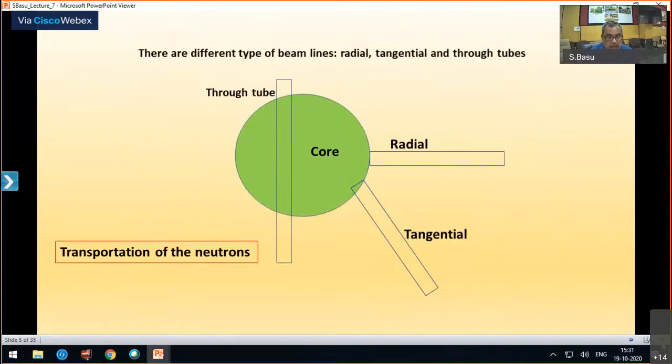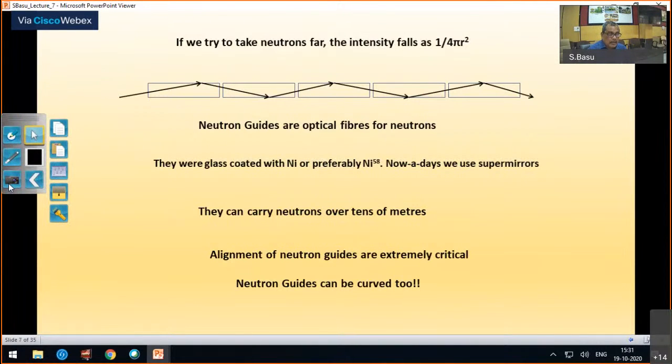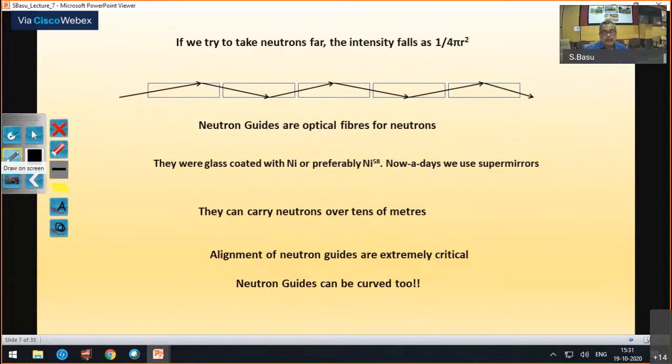So we have two guides. So as I told you, these guides take the neutrons out. What is the preferable coating for a guide? Well, this should be something which will have large b coherent. Why?